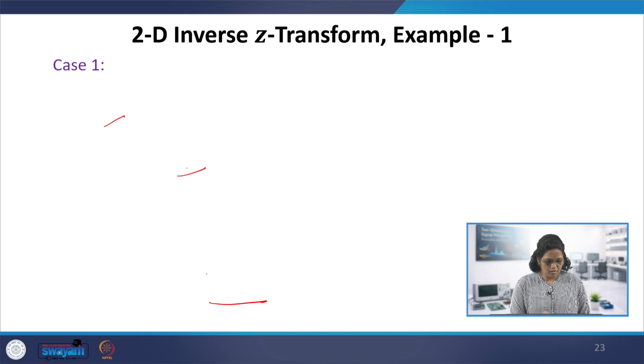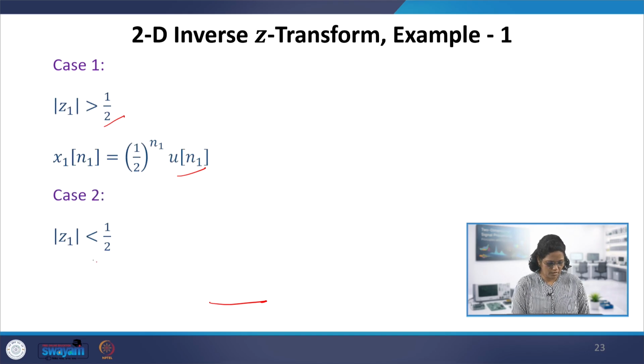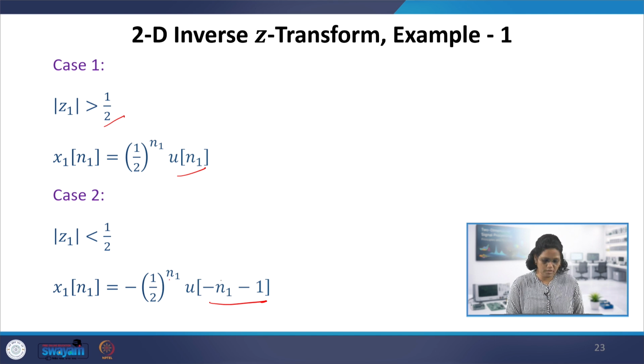For these two cases we get two sequences of x1 of n1. This is the sequence with n1 varying from minus infinity to minus 1, and this is the sequence from 0 to infinity of n1. So these are the two possibilities for x1 of z1, depending on the ROC.